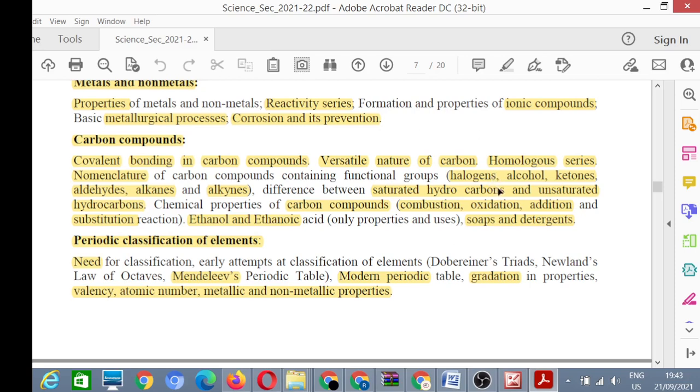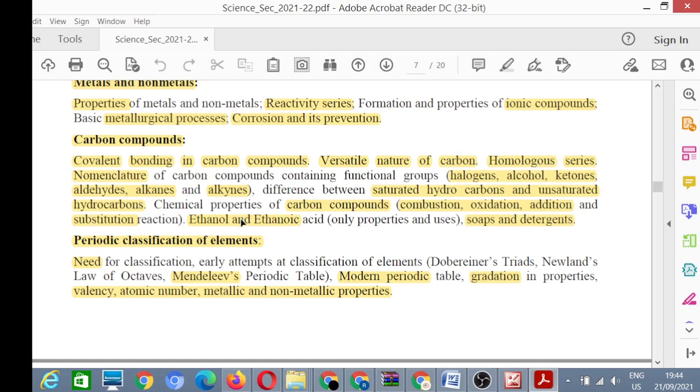Halogens, alcohols, then ketones, then aldehydes, then alkanes, alkynes. These are functional groups. Then the difference between saturated and unsaturated hydrocarbons.